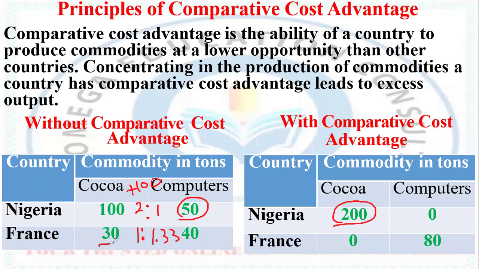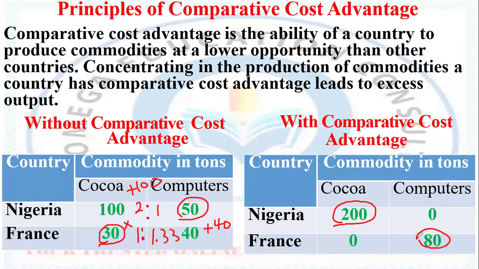So if we convert 30 tons of cocoa to computers, then we multiply this by 1.33, and that will give us approximately 40 tons of computers. So the total quantity of computers that France can produce will be 80 tons.